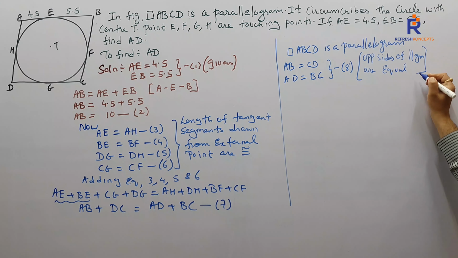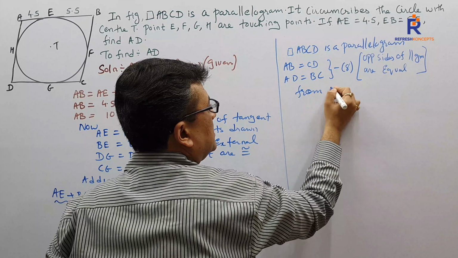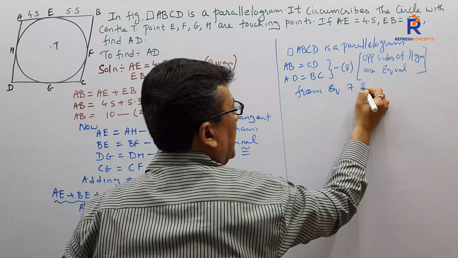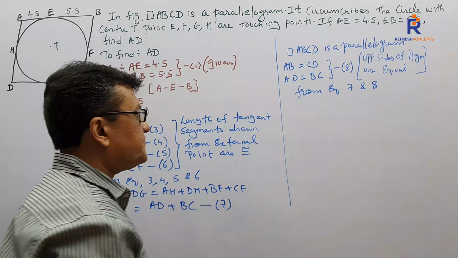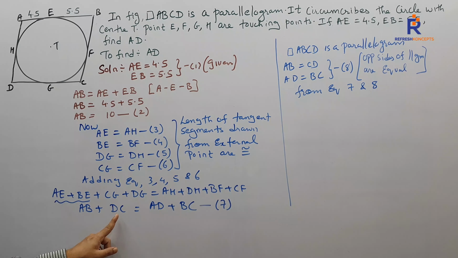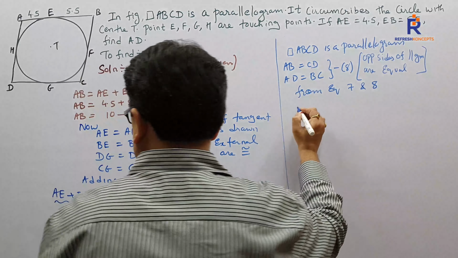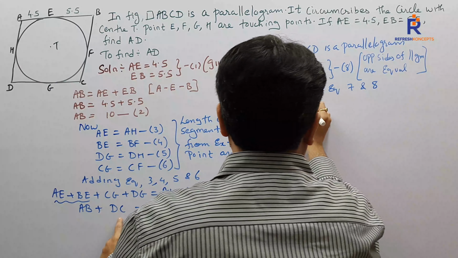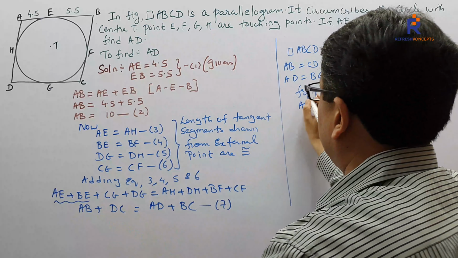From equation 7 and equation 8. AB plus DC, but DC is equal to AB.